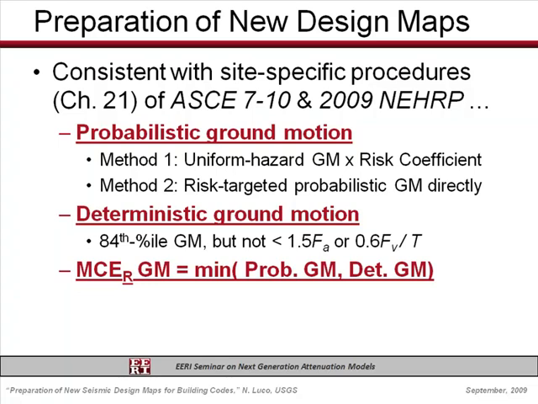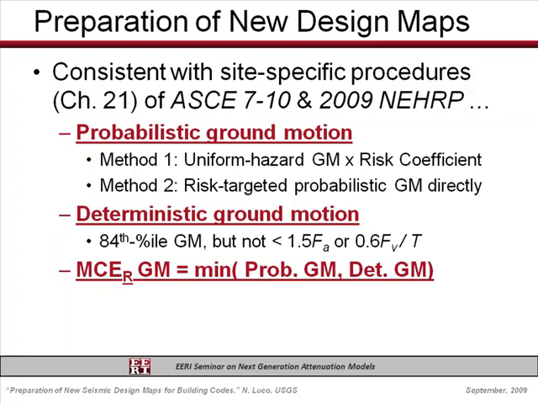There's method one, which tells you you can take uniform hazard ground motions. Those are the kinds of maps that USGS produces, these hazard maps, not, again, to be distinguished from design maps that are in the building code, just hazard maps that are underlying those design maps. And you can multiply them by this risk coefficient, which takes this risk targeting into account. And I'll explain that further.